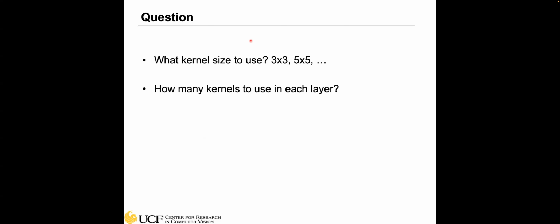I was trying to come up with a good analogy. You can think about using a flashlight to illuminate a wall, right? Then you can see the region that the light covers. That could be your kernel size.